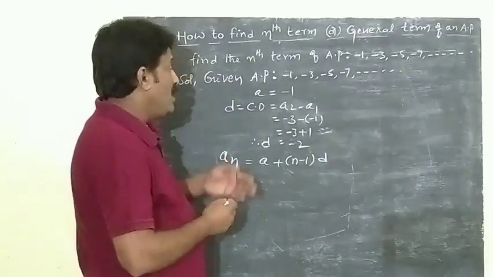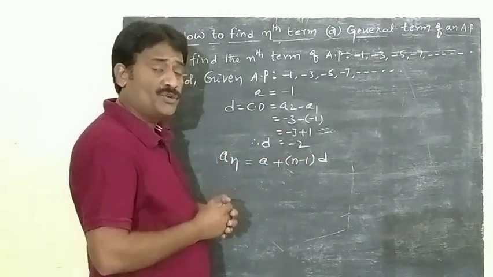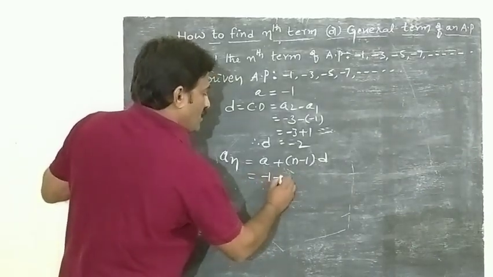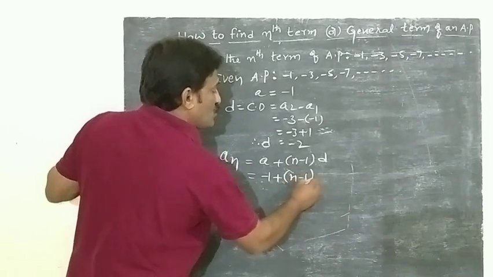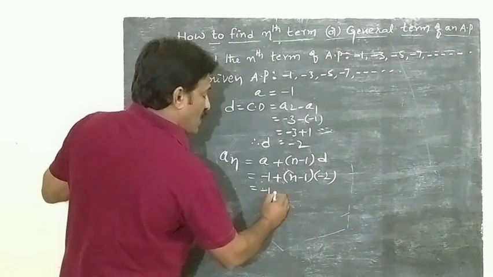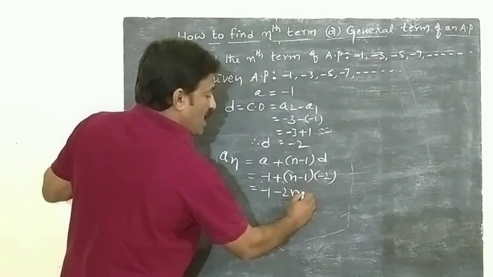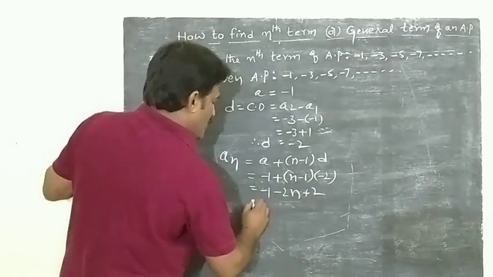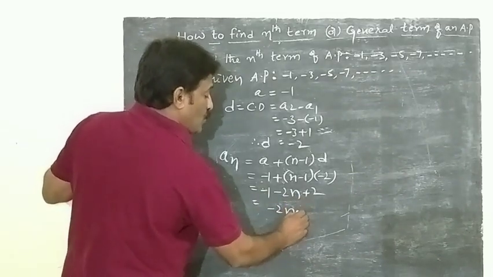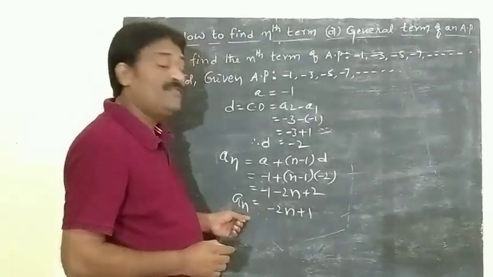Now substituting a is equal to -1 and d is equal to -2 in this formula, we get -1 plus (n minus 1) into -2. That is equal to -1 minus 2n plus 2, which is equal to -2n plus 1. It is the nth term an of the AP.